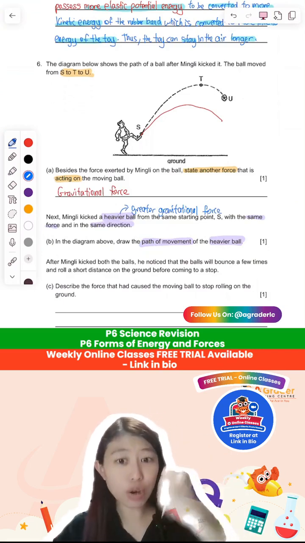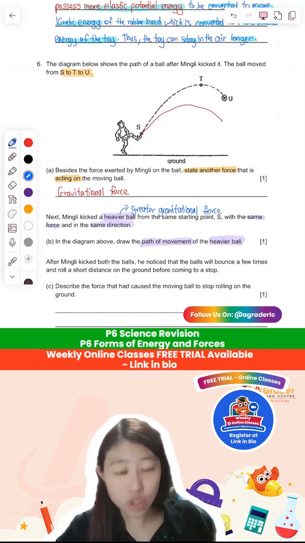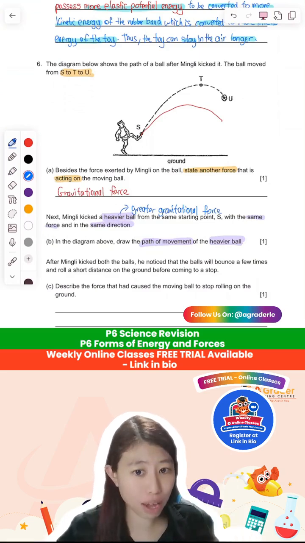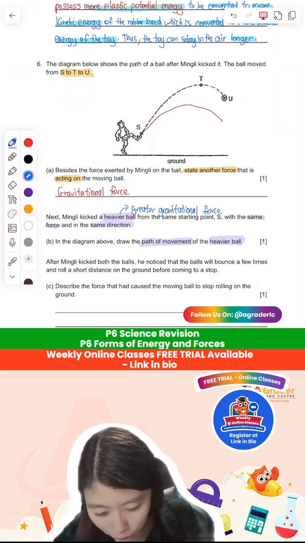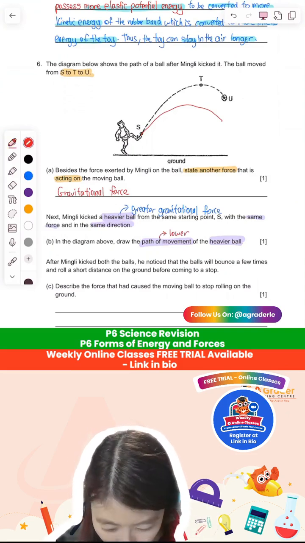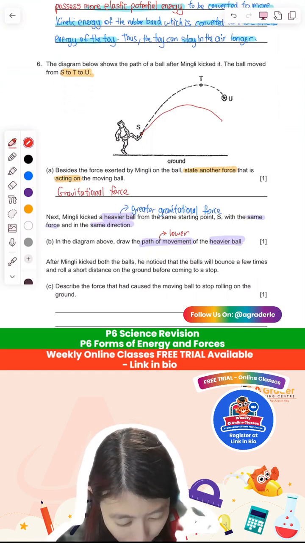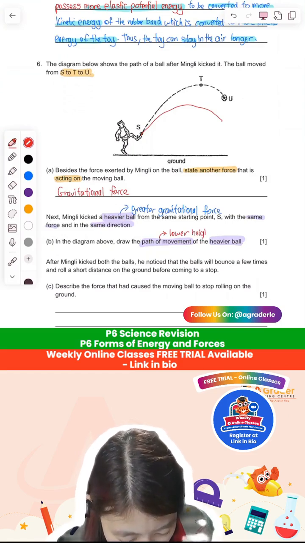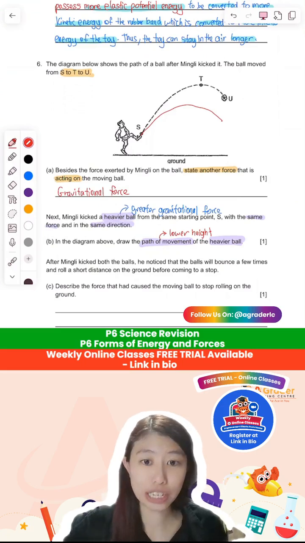So there'll be greater force pulling the ball down. So when there's a greater force pulling the ball down, the path will be at a lower height as compared to the initial height.